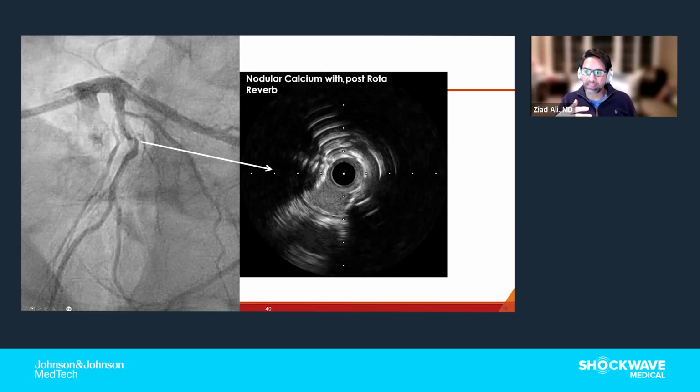We realized that is actually not the case. A perfect example of this: if you have 360 degrees of calcium, you should have no reverberation. If you have 359 degrees, and the sound has a space to penetrate, because it's a specular reflection, it bounces behind the calcium all the way around and will create a reverberation for you. So the fact that you have a reverberation here is highly suggestive that you have calcium fracture that you might not be able to visualize.